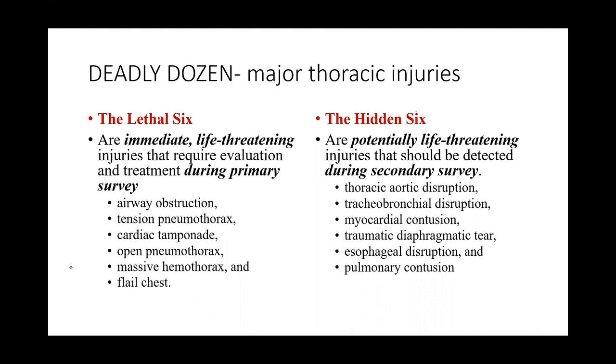The lethal 6 are immediate life-threatening injuries that require evaluation and treatment during the primary survey. The lethal 6 must be managed during the primary survey to save the life of the patient. The hidden 6 are potentially life-threatening injuries that should be detected during the secondary survey.